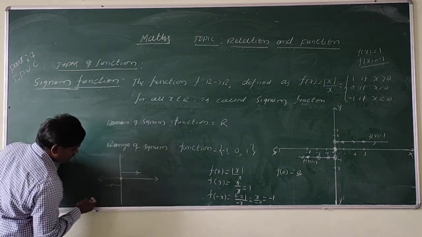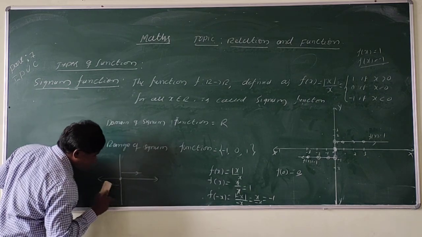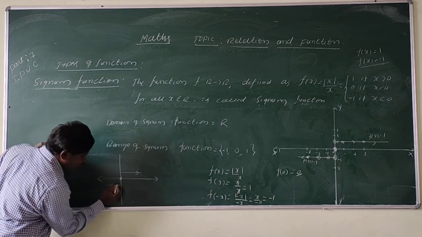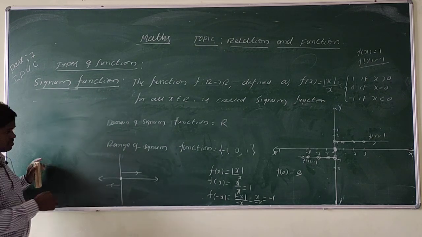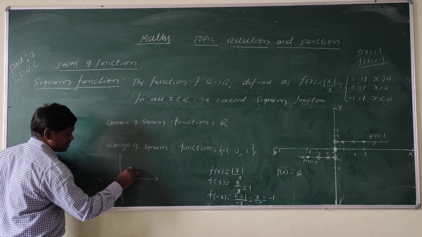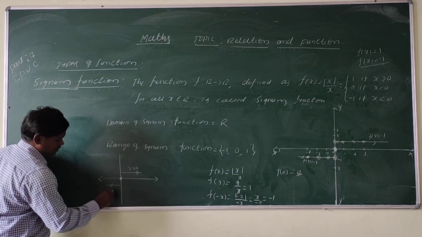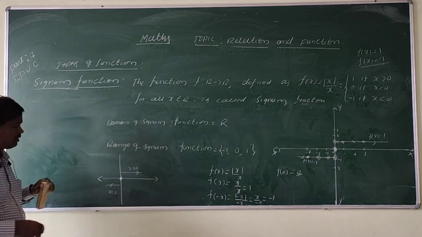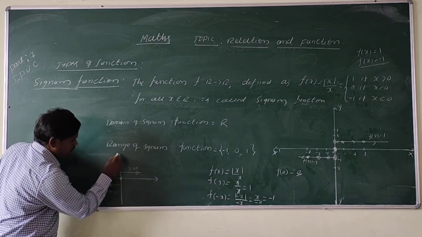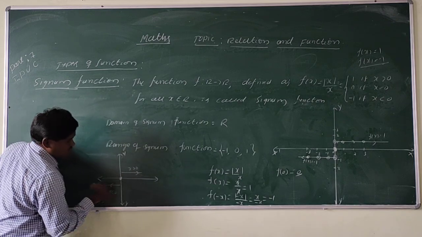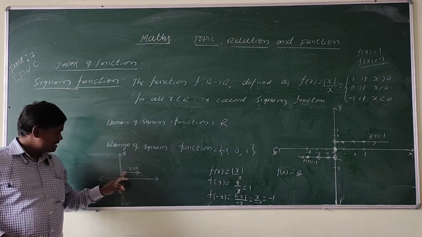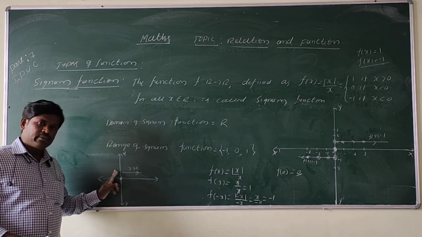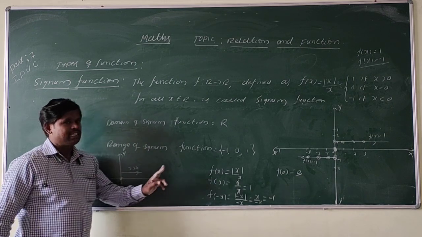Okay. So here this is not touching the y axis. See, so this is the curve. So this is for x is greater than 0. So this is for x is less than 0. Okay. So this line does not touch the y axis here also, or like this.